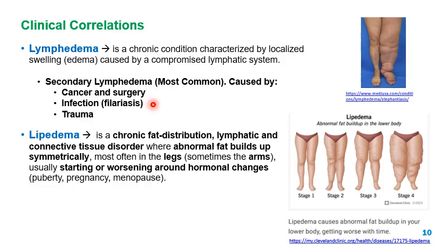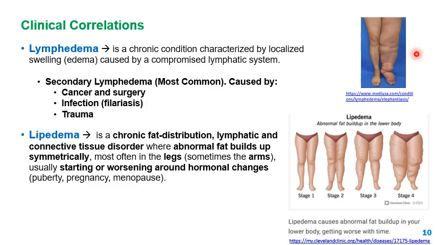If you have a certain type of cancer that is occluding the lymph node. One known cause of lymphedema is actually a parasite that causes infection through these lymph vessels, right? The name of this parasite is what? Filariasis. And another name for this lymphedema is elephantiasis.